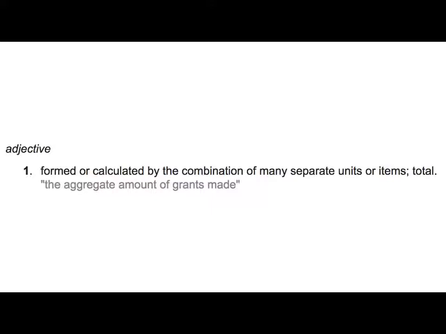When we did the introduction to overall macroeconomics, I used the word aggregate to talk about demand and supply. And aggregate is just when you have a total combination of separate units that come together. In this case, we spent a good bit of this year looking at demand and supply from microeconomic perspectives.